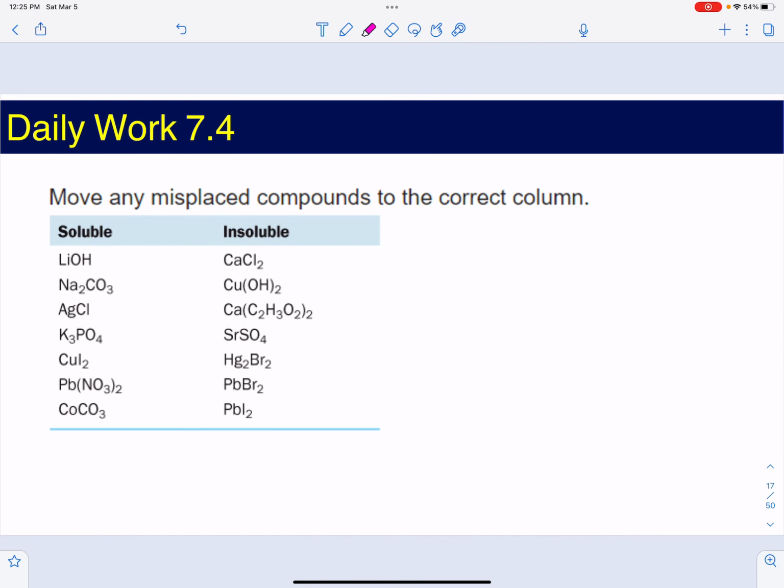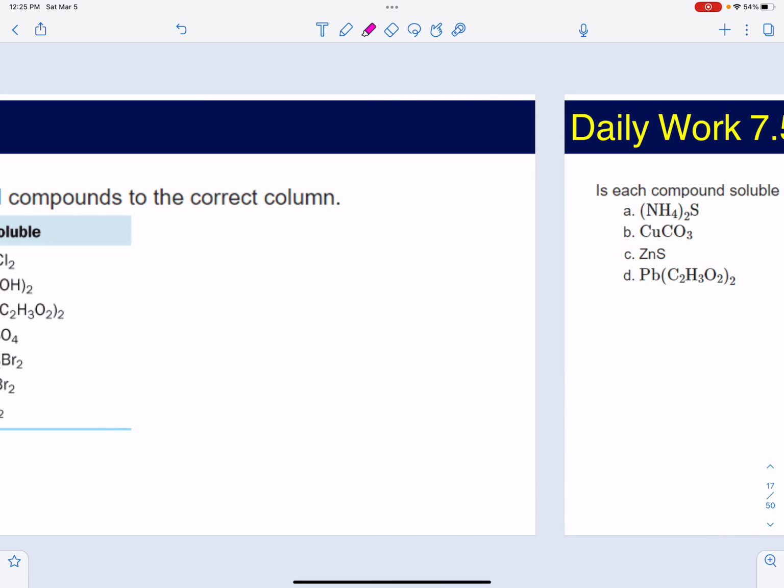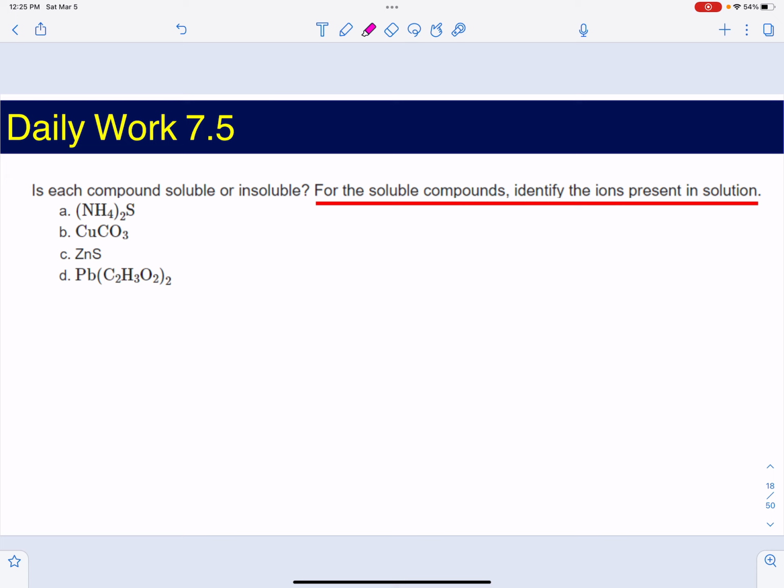So you should be able now to do the same thing with your daily work. Basically, move them around and put them on the right column. Find out which one is soluble or insoluble, and tell me which ions are forming them.